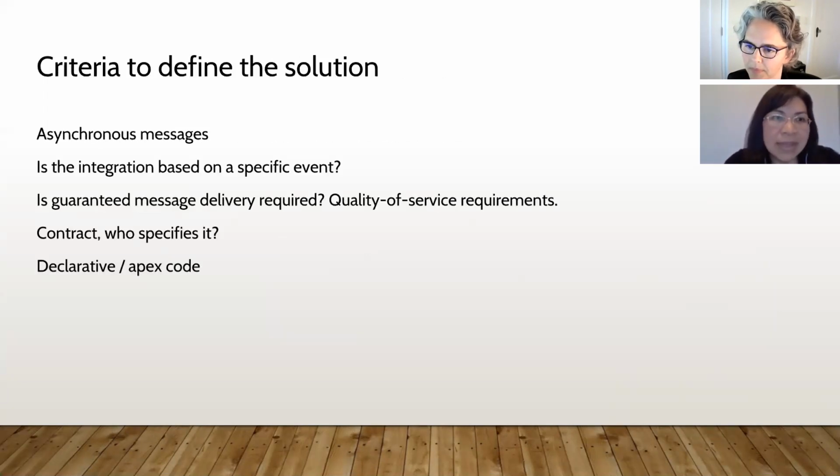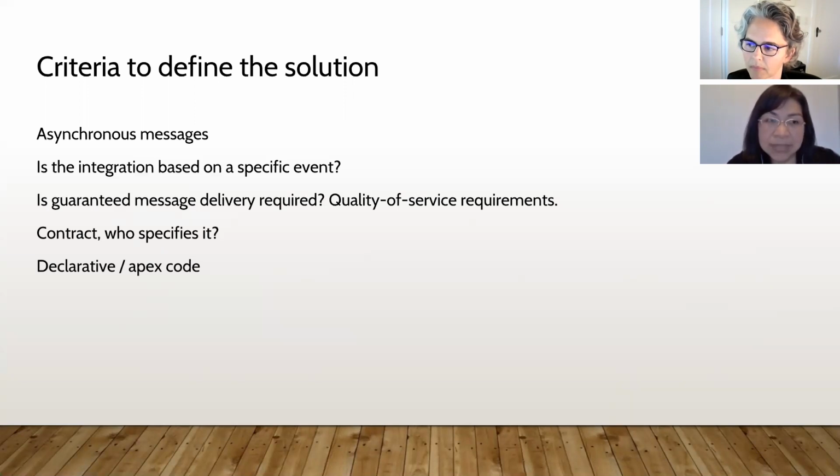So we have many different criteria to define the solution that we can use in this pattern. The first one is obviously that we are dealing with asynchronous messages. We also have to know what the integration is based on. Is it a specific event, or a page, or the user clicks a button or something like that?